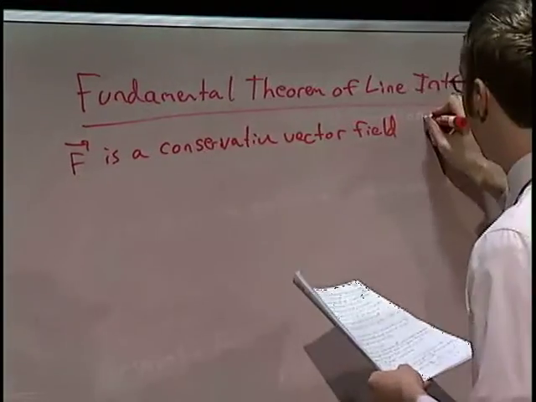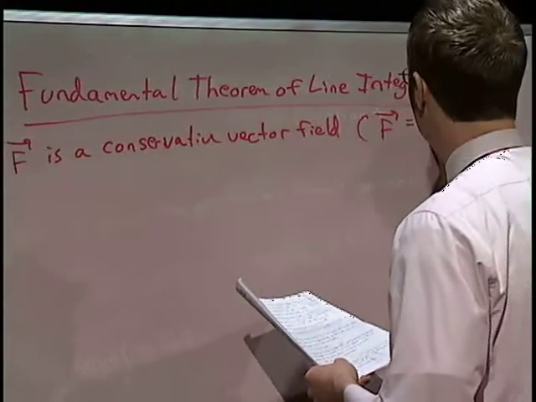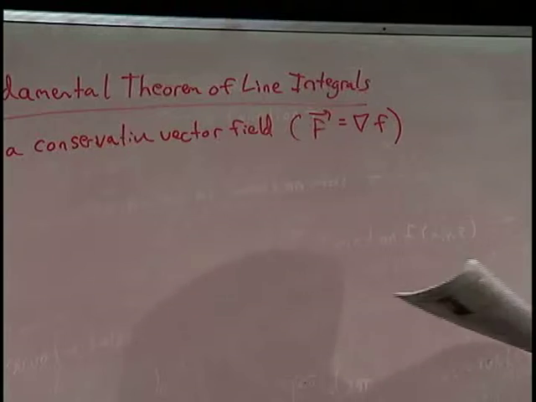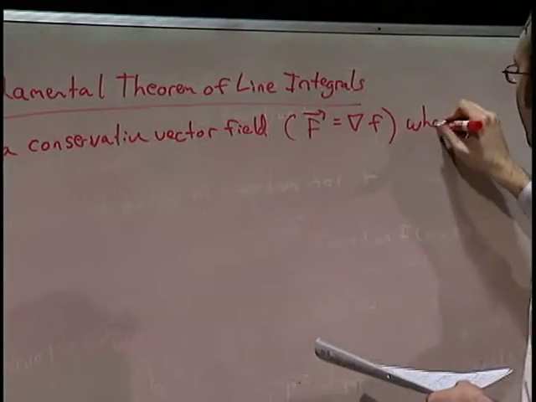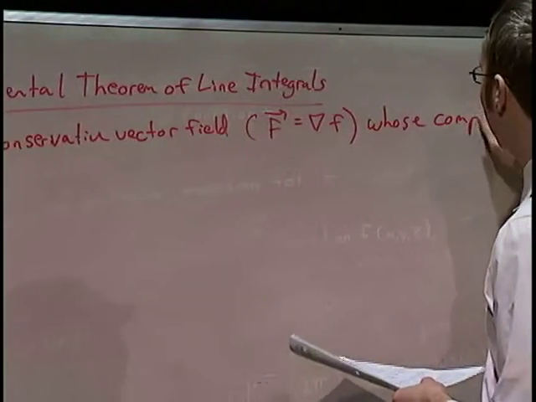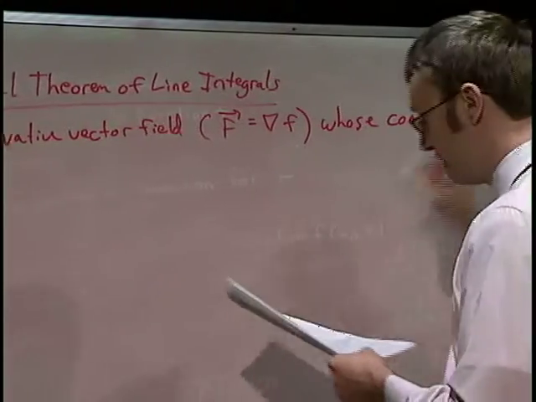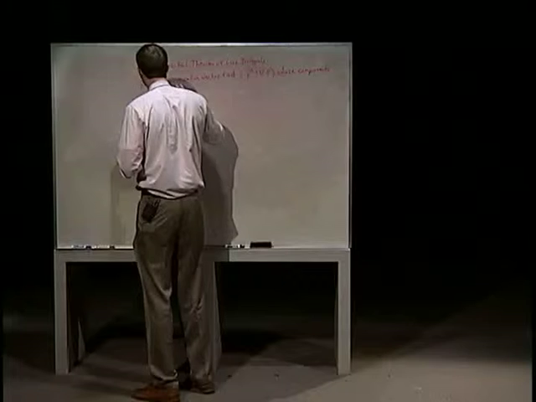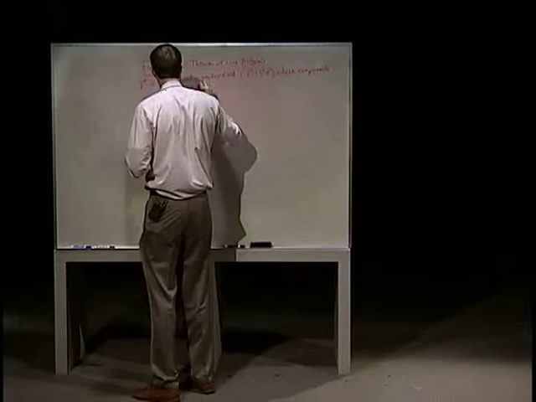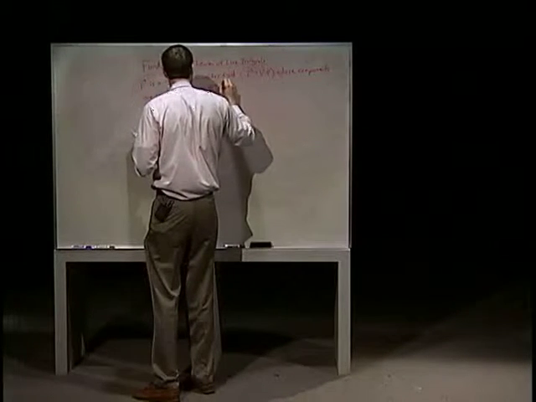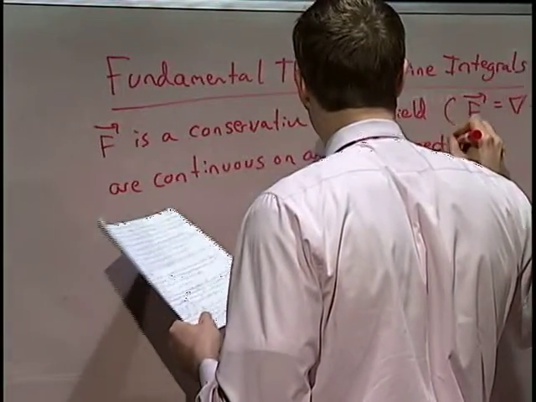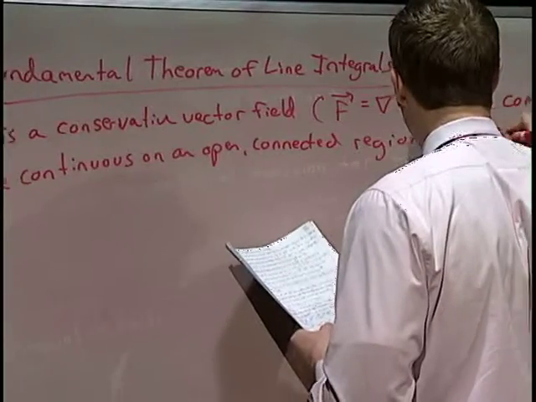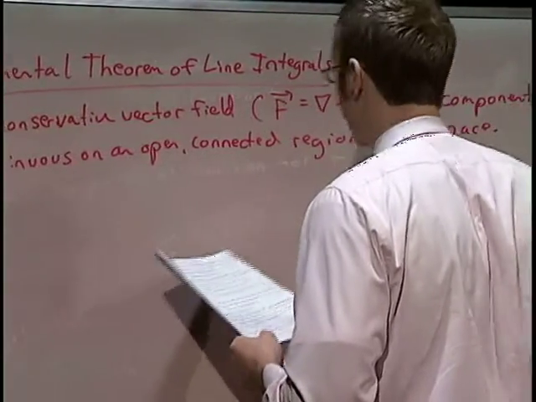That is to say that F is equal to grad f for some scalar function, little f, right? And the components of capital F are continuous on an open, connected region D in space, and we'll get to the definition of those terms shortly.